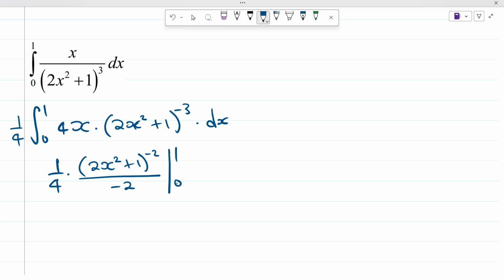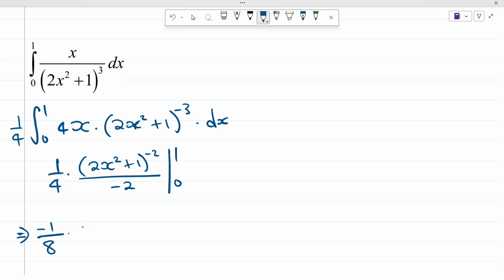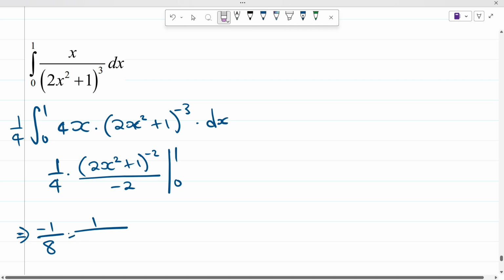We put our limits, 1 to 0. We substitute our limits now. This is going to be -1/8, because 4 and 2 will multiply each other, multiplied by 1/2.